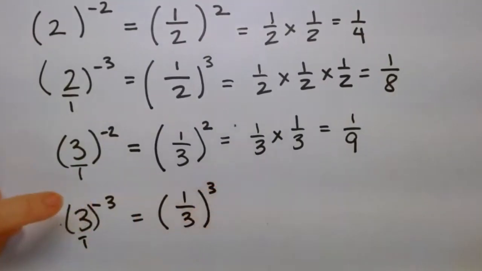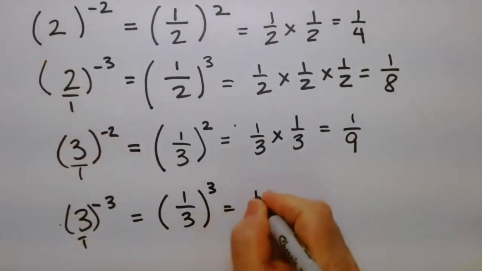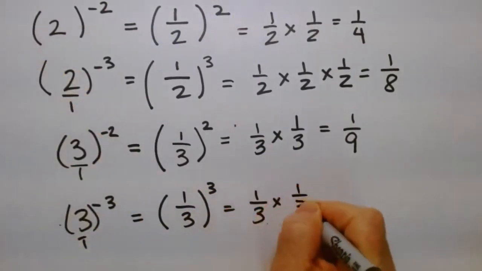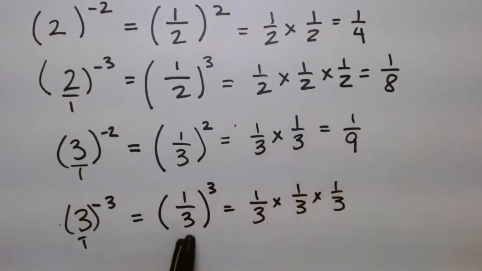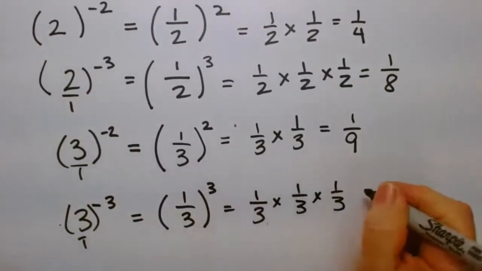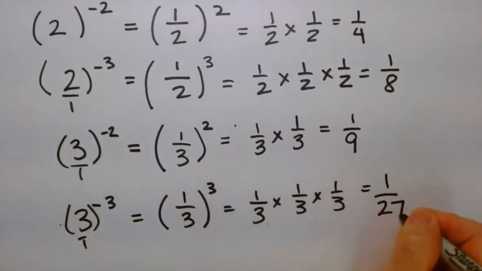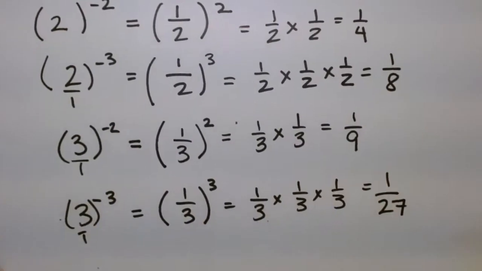Then rewrite the problem. That minus, we took care of it. We flipped it and rewrote the problem as 1/3. That means we're taking 1/3 times 1/3 times 1/3, multiplying it by itself 3 times. 1 times 1 times 1 is 1. 3 times 3 is 9. 9 times 3 is 27.